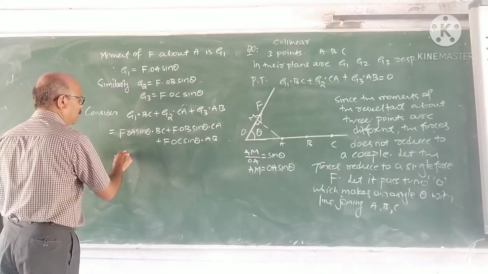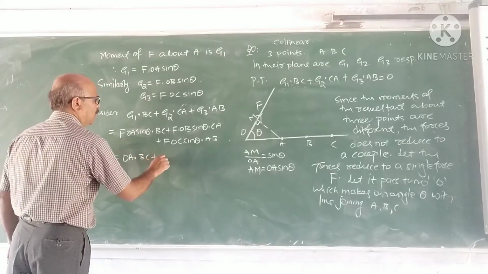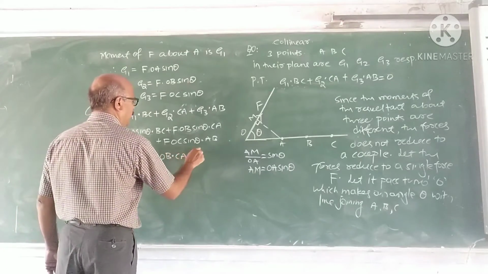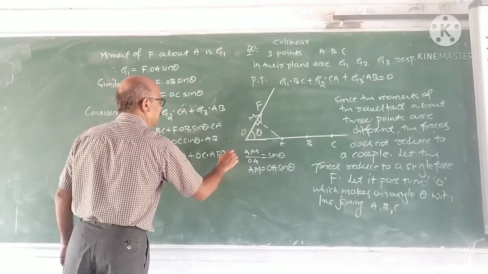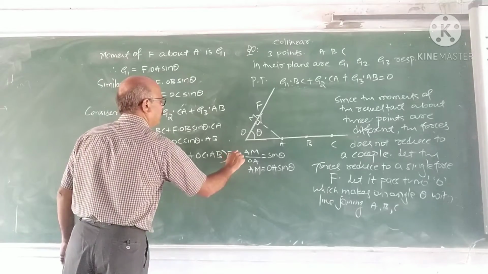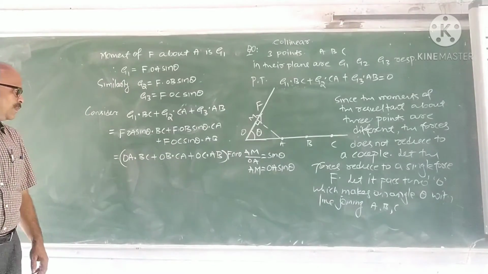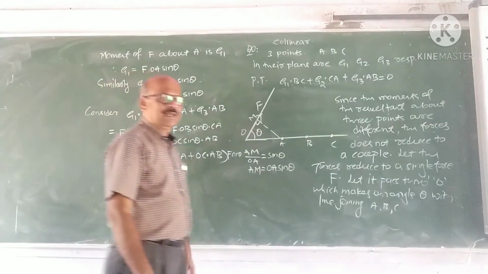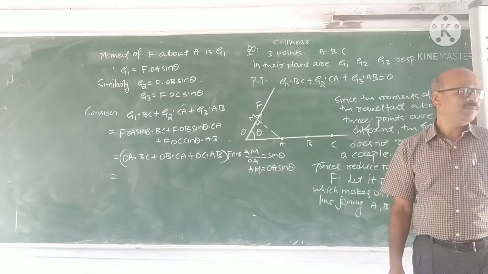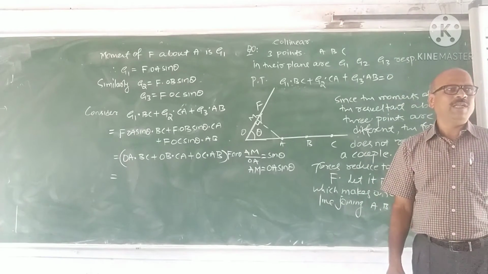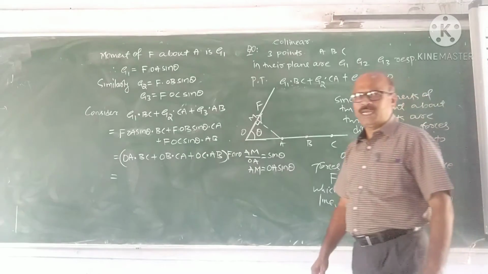Therefore, OA dot BC plus OB dot CA plus OC dot AB into F sin theta. This is common here. Now the next step is important. Up to this step, it is quite straightforward. Moment means force into perpendicular distance. These things are taken. But the next step is important.